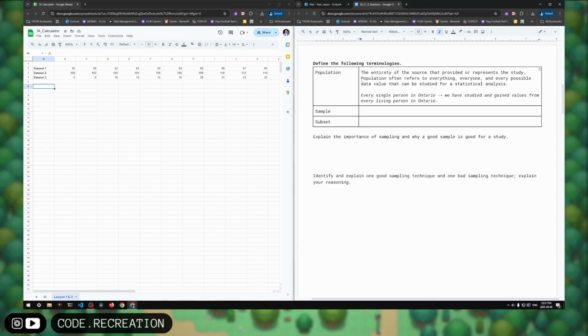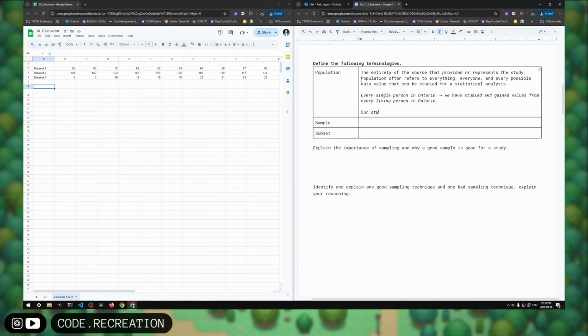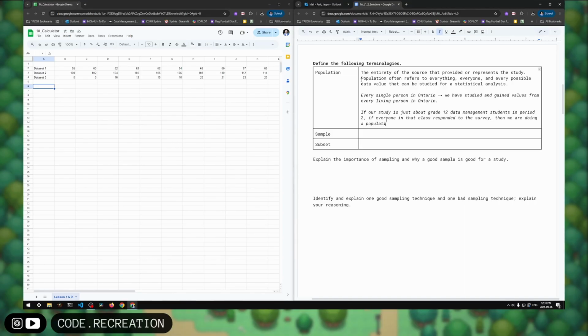So often we don't use population. However, let's say, for example, our study is just about grade 12 data management students in period 2. If everyone in that class responded to the survey, then we are doing a population-based analysis.